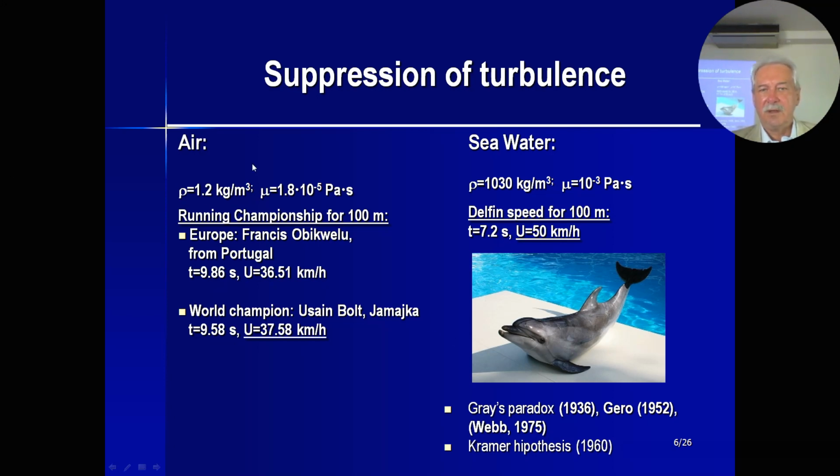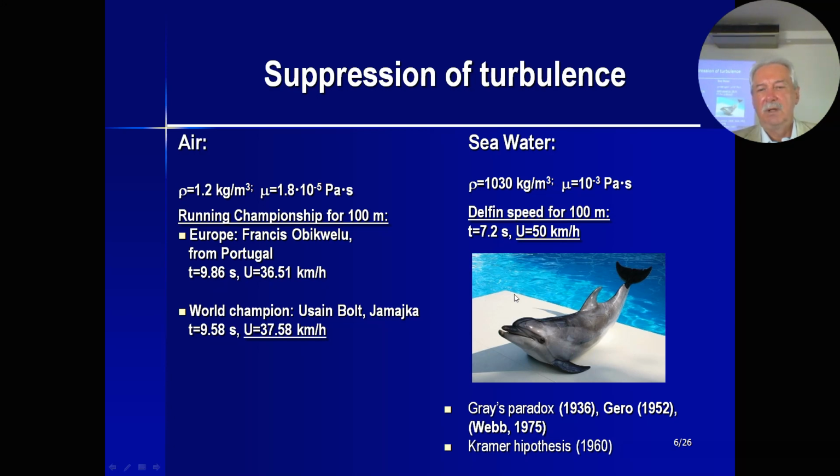But look at the carrier liquid. There is air for the world champion because he is just running in the air. Air has a density about 1,000 times lower compared to sea water, and viscosity of air is also about 1,000 times lower compared to sea water. However, the dolphin can swim faster.